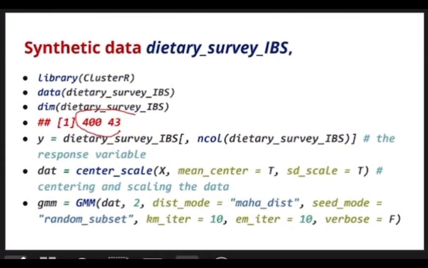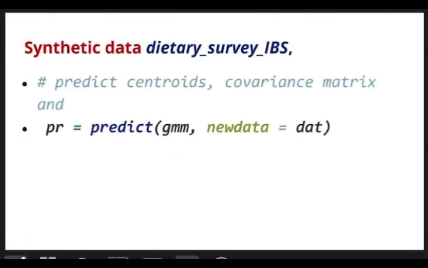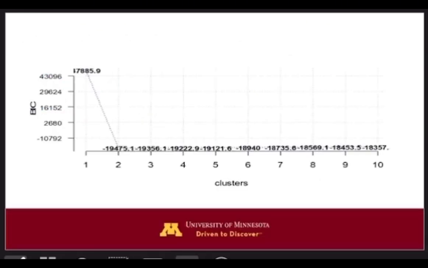So you scale the data and we perform the GMM on that, and we make a prediction. Take a look at that. Do you know what I'm trying to show you now? The other time I said the one with the smallest BIC.